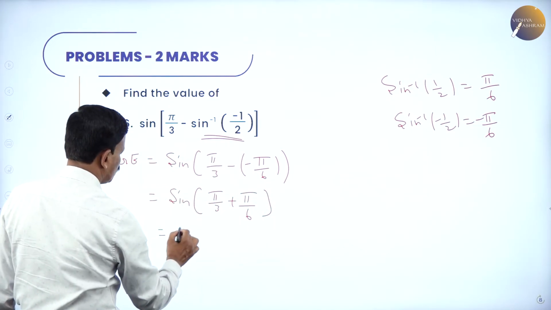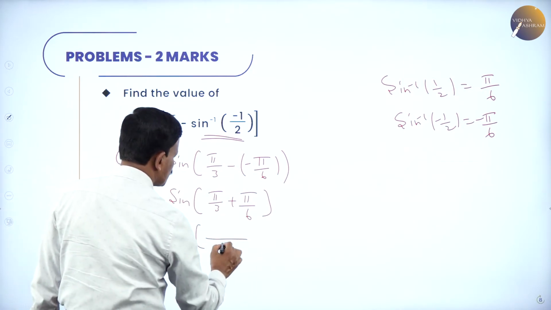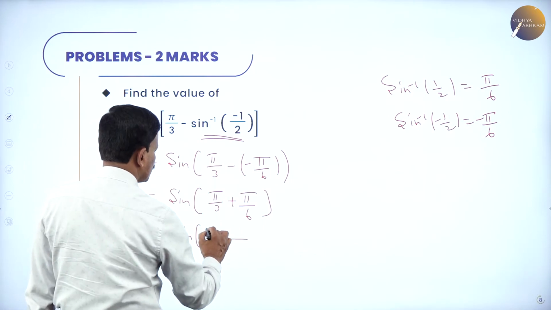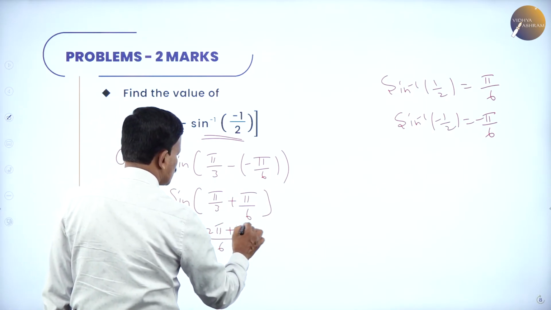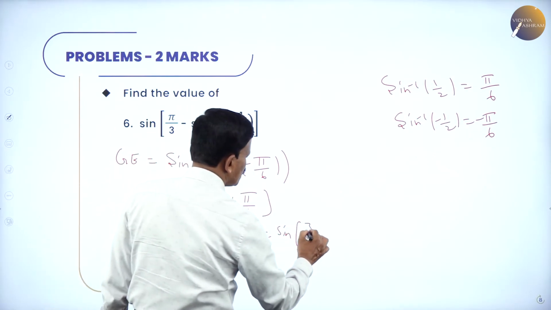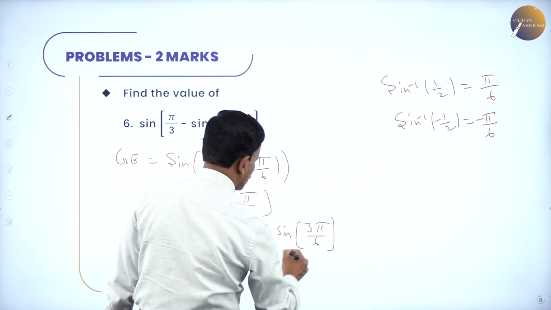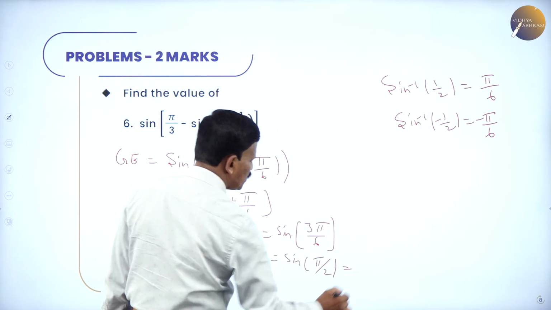So this is equal to sine of pi by 3 plus pi by 6, take LCM, 6 is the LCM, 3 2s gets cancelled, 2 pi plus pi is 3 pi by 6, that is nothing but sine of pi by 2, sine 90.